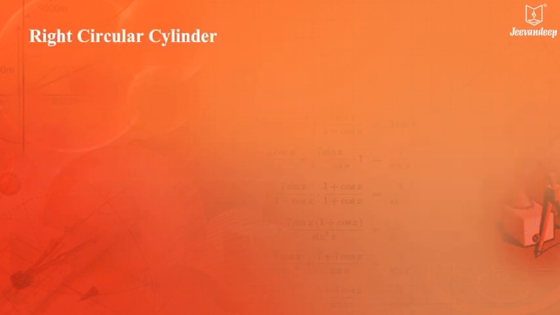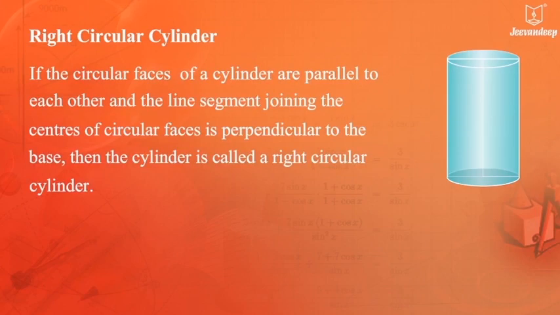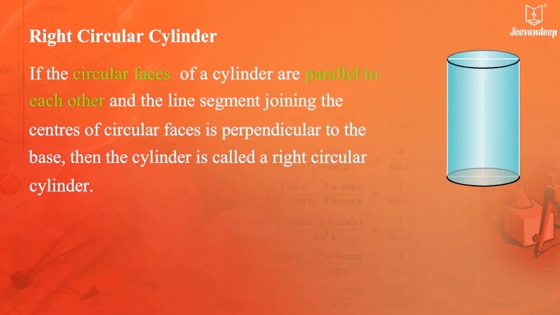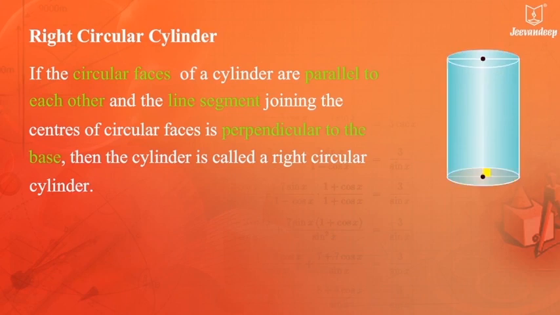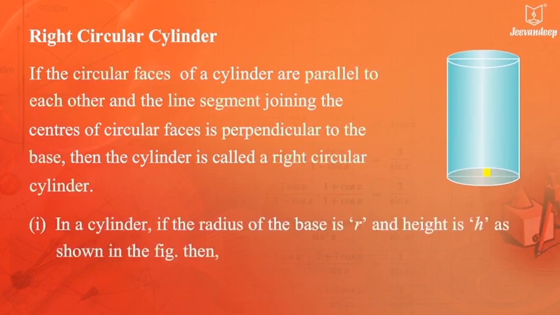Right circular cylinder. If the circular faces of a cylinder are parallel to each other and the line segment joining the centers of circular faces is perpendicular to the base, then the cylinder is called a right circular cylinder. 1.